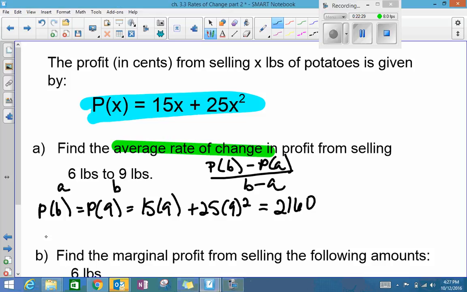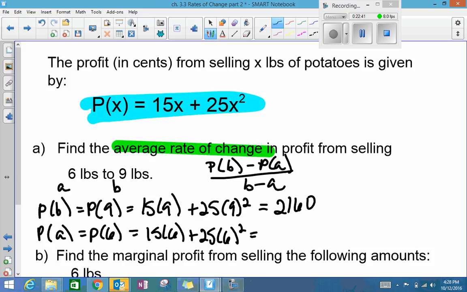Okay, P of A, which will be P of 6, will be 15 times 6 plus 25 times 6 squared, which will be 990.